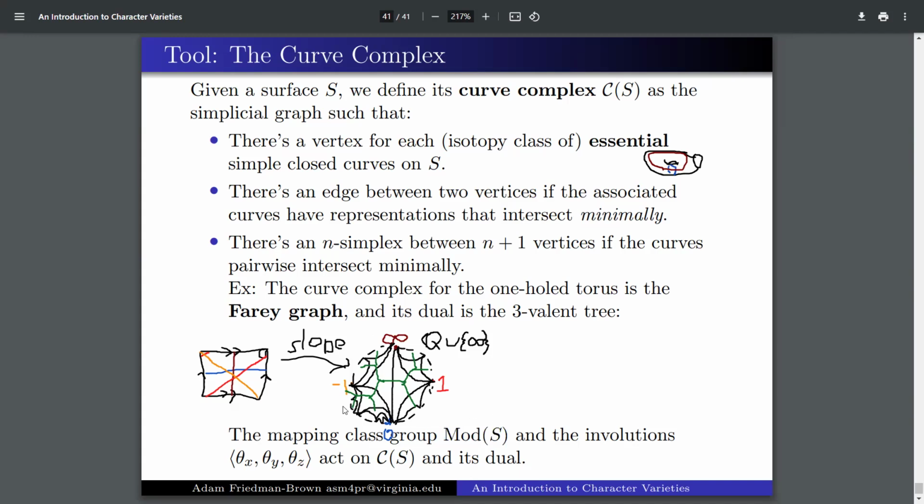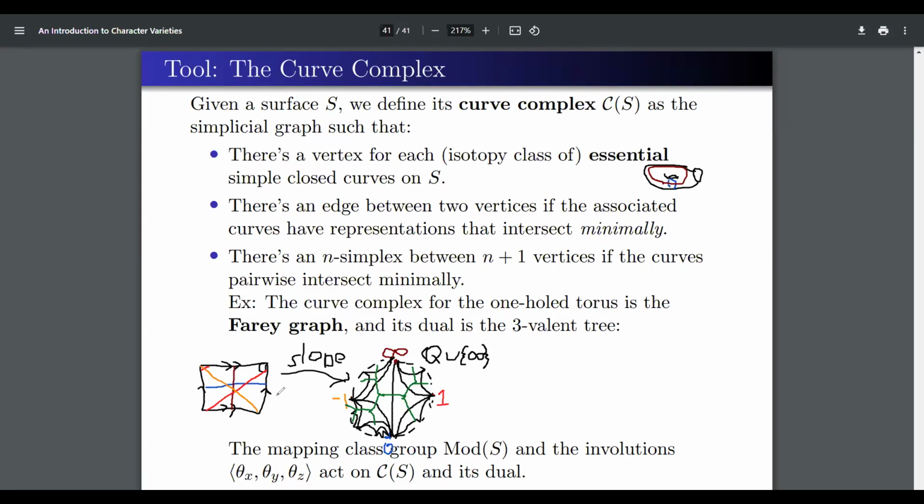And involutions are interesting because they are essentially reflections. Let me just name these things for a second.